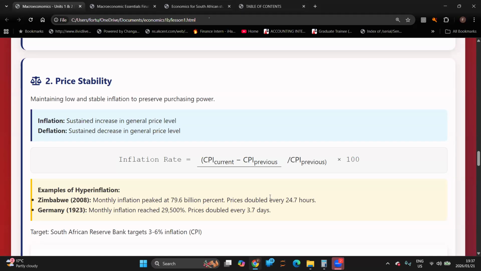Cost of living. It means that when a person is living, there's a cost attached to that, whether they decide to spend the whole day sleeping or not, there is a cost attached to a person being alive. So the cost of living means an individual consumes, regardless of whether they decide to produce or not.